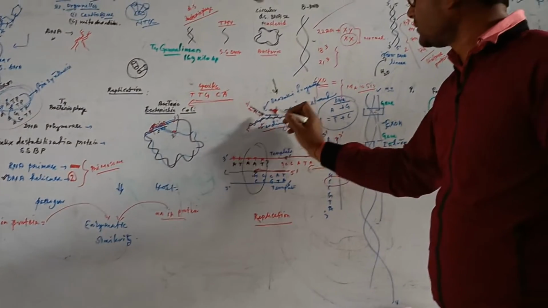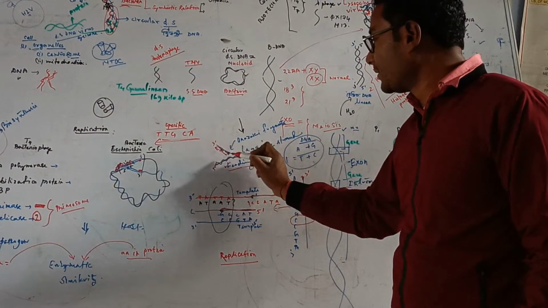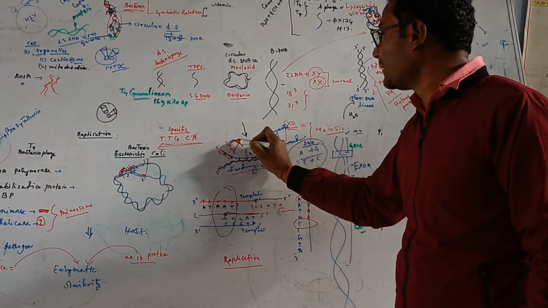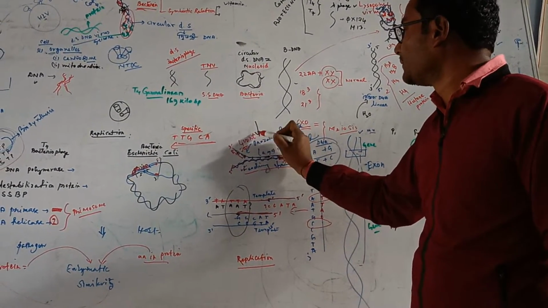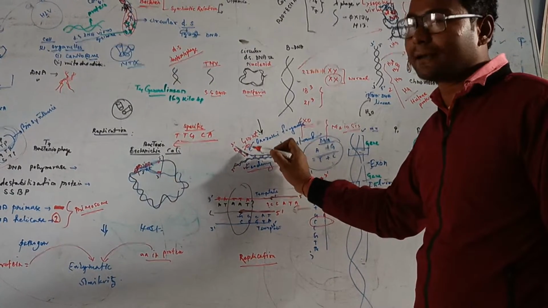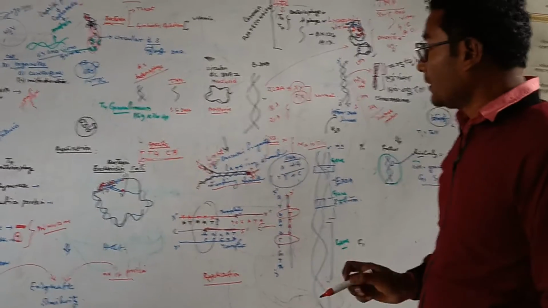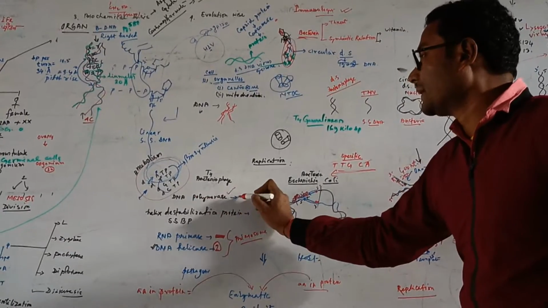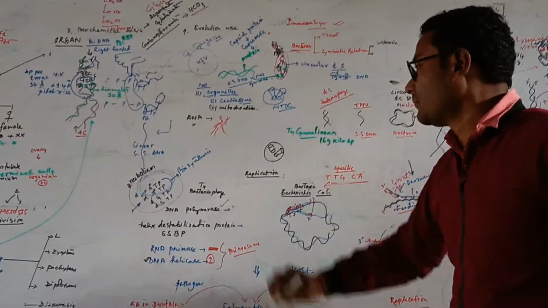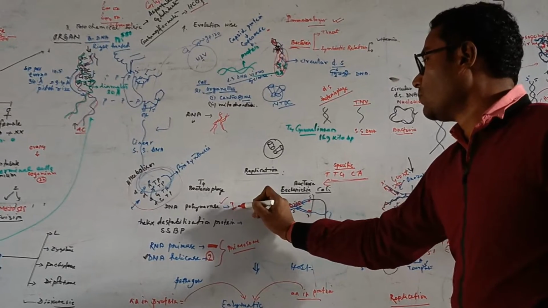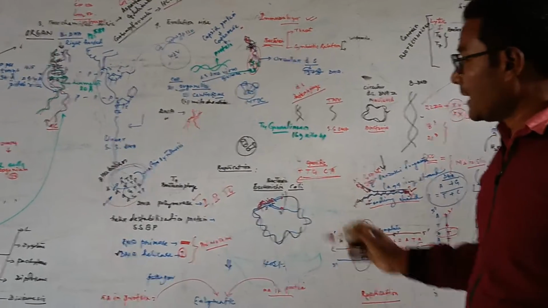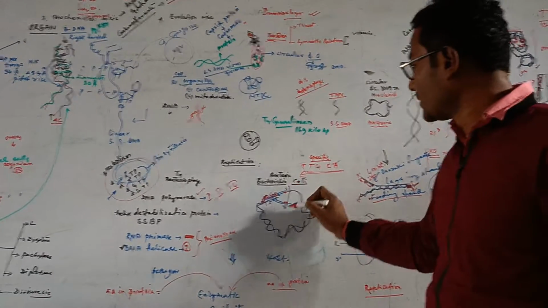These consecutive short fragments of 200 to 400 nucleotides are called Okazaki fragments. The polymerization is done by DNA polymerase 1, 2 and 3. In our case, we have shown this.